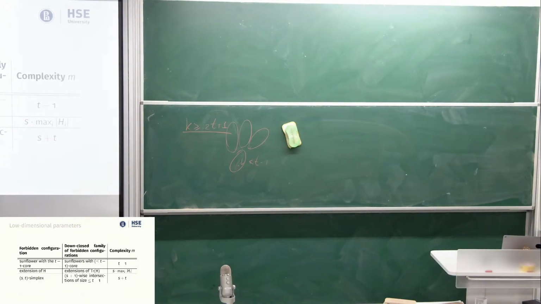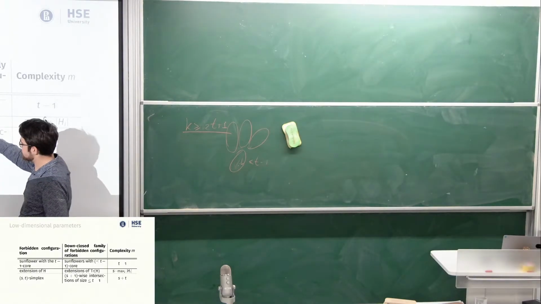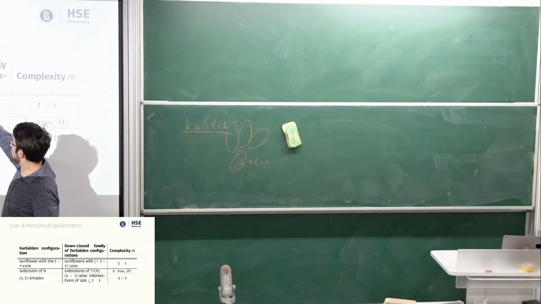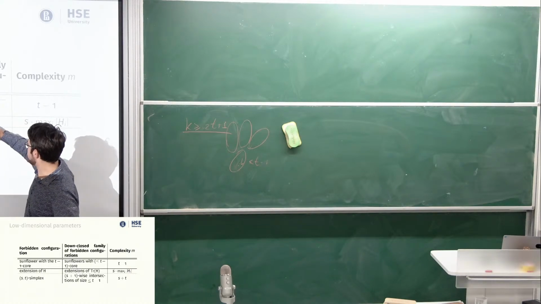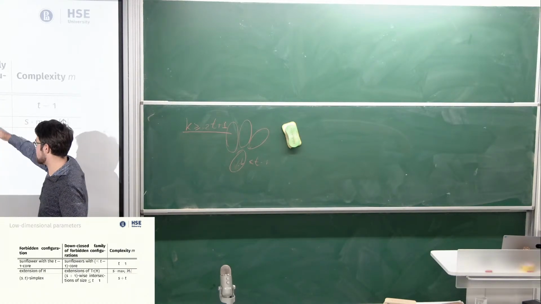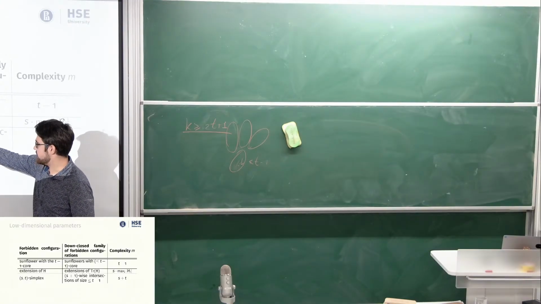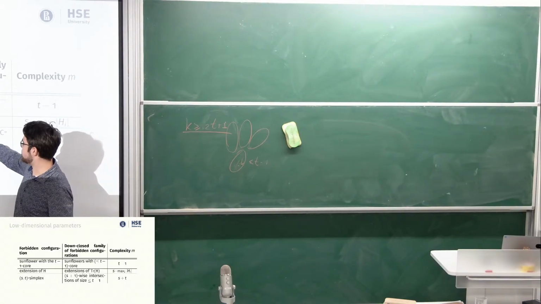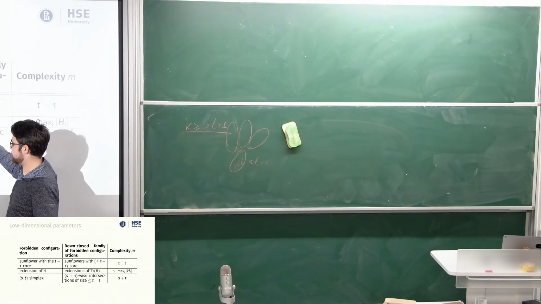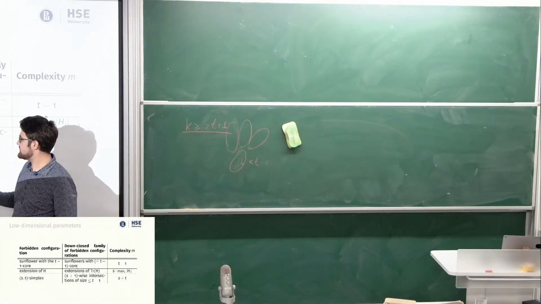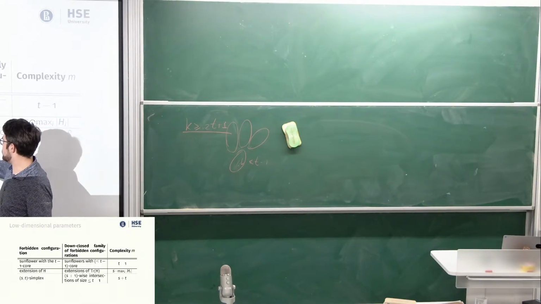So for a sunflower with the core of size exactly T minus 1, the extremal family will avoid sunflowers with the core of size at most T minus 1. And for extensions of a hypergraph H, the extremal family will avoid extensions of its trace. And for the ST simplex, the extremal family will avoid S plus Y.